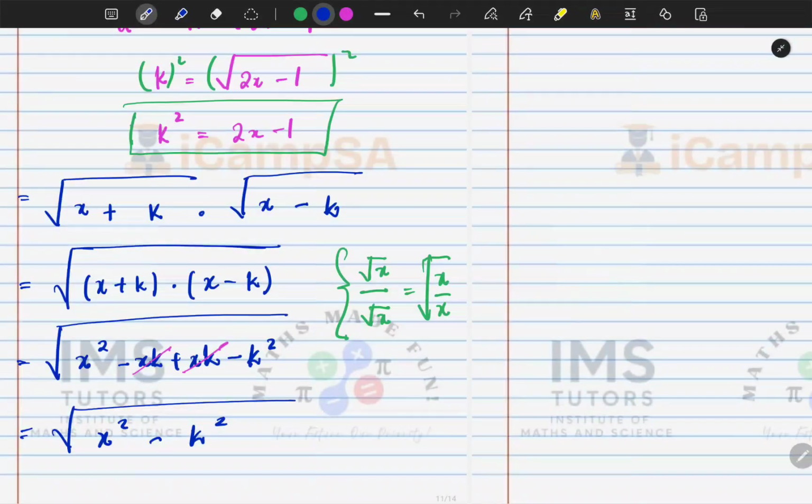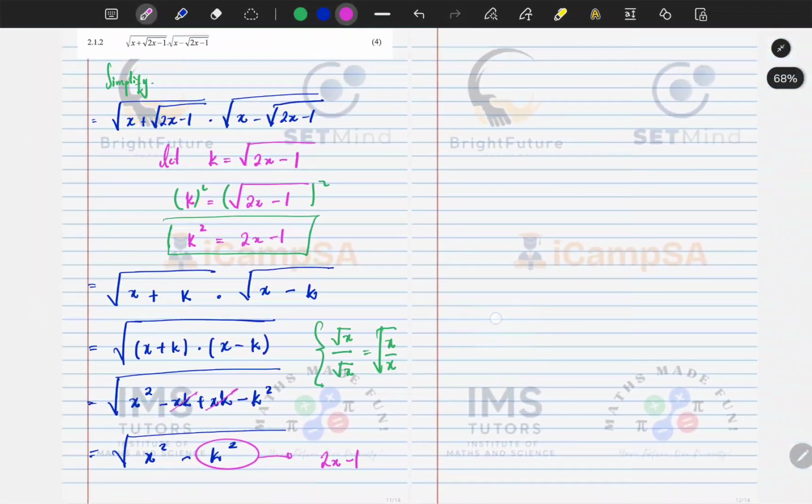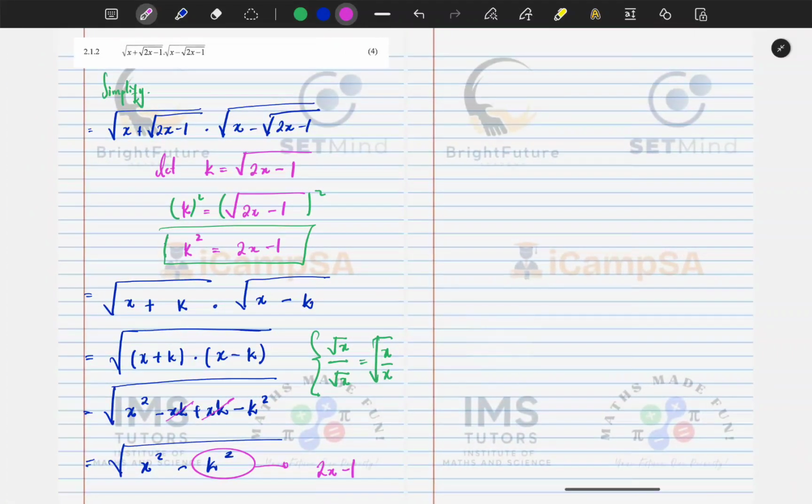Remember what k is. We do have k squared already, which was 2x minus 1. So we are going to substitute that.